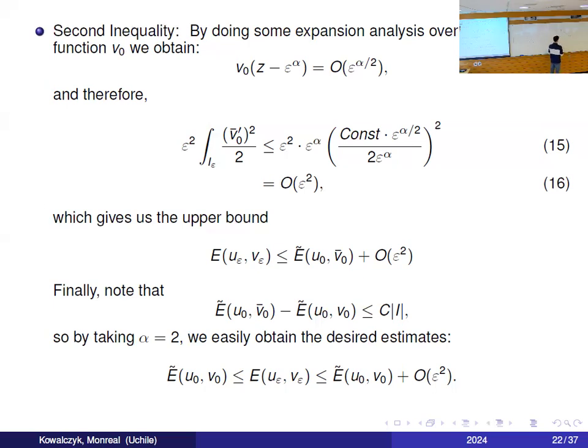So we know that this height, for example, is O(epsilon^(alpha/2)). And with that, we know the derivative is just the slope, the derivative here of the linear function.